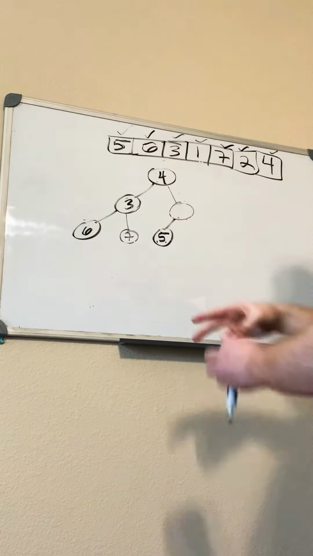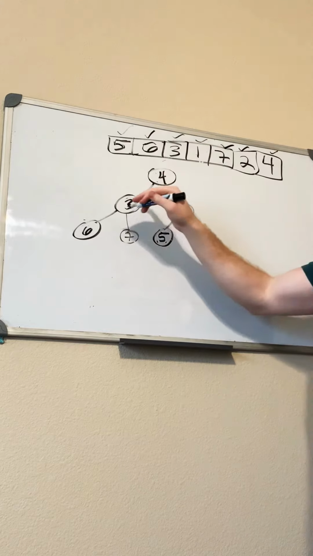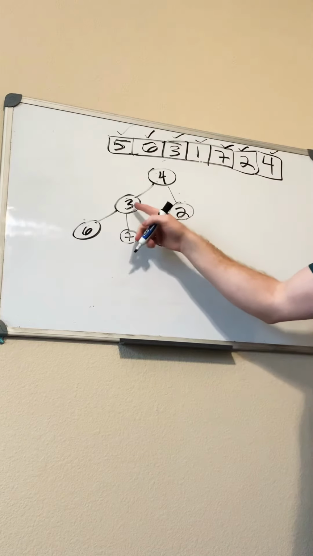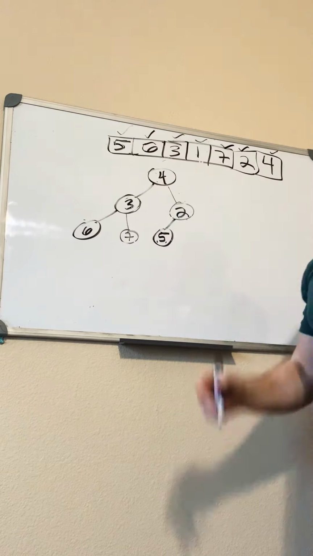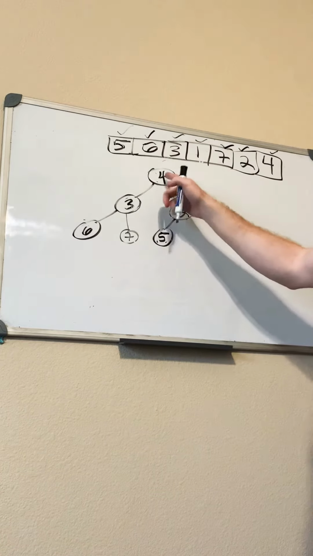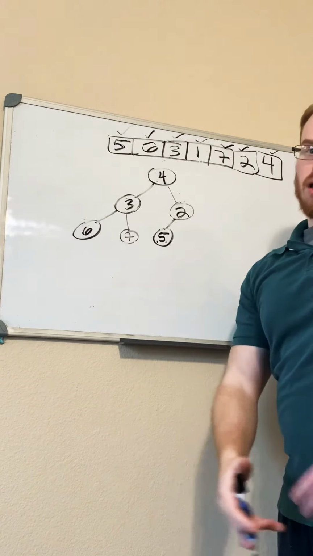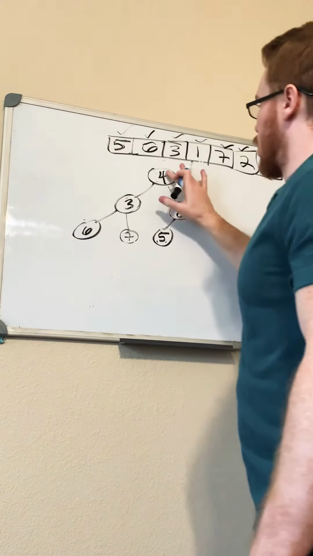I'm going to clean this up a little bit. That looks a little nicer. Okay, so like I said, if we swap this with 3, then 3 would be at the root, and that would not be the smallest number, because 2 would still be here. So when you're coding this, you want to check both the children and find the smaller value and swap.